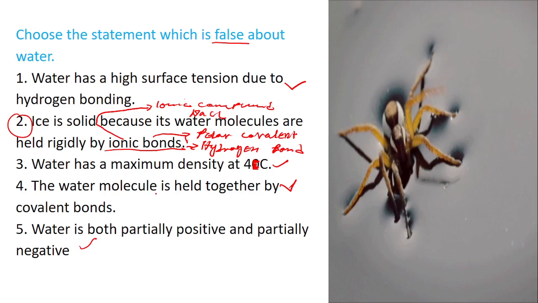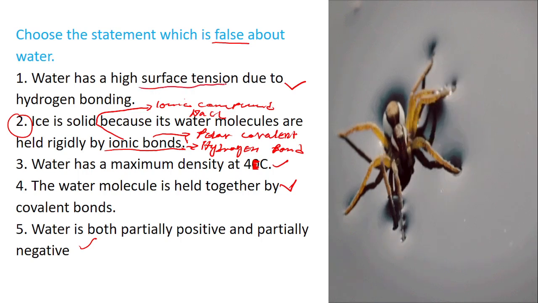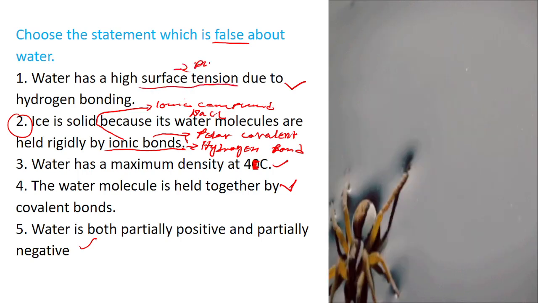There is one important thing that I can explain here. Water has a high surface tension, and the high surface tension is just due to the hydrogen bond. If you look at this spider, it's able to float on water because of the high surface tension.